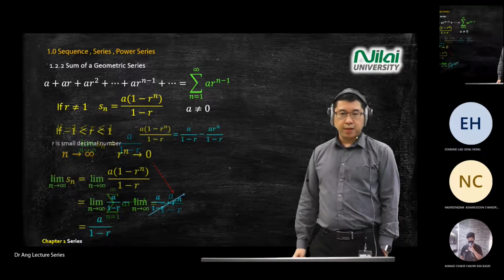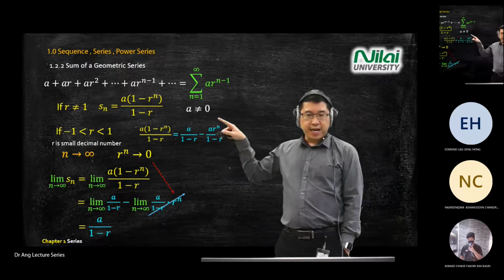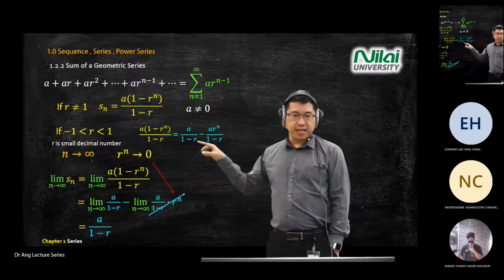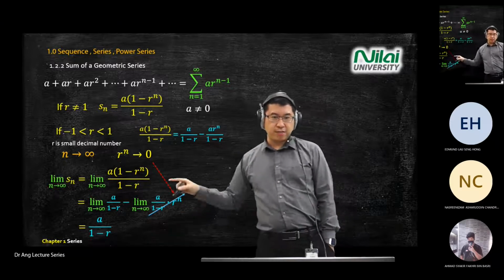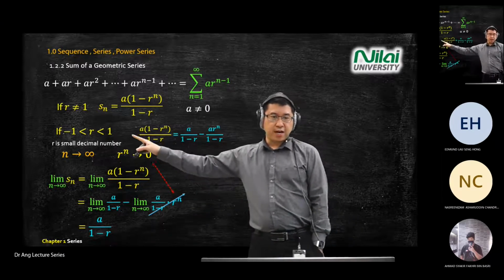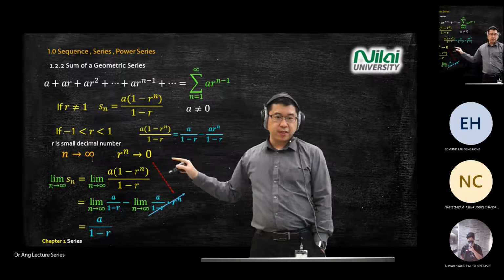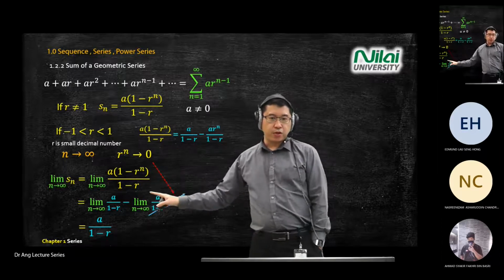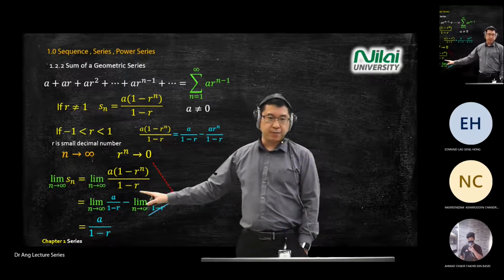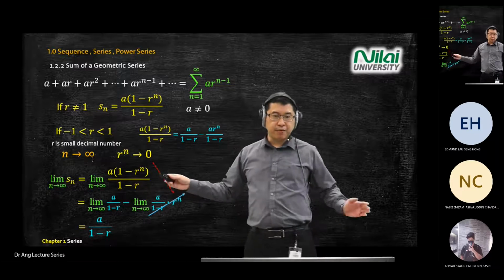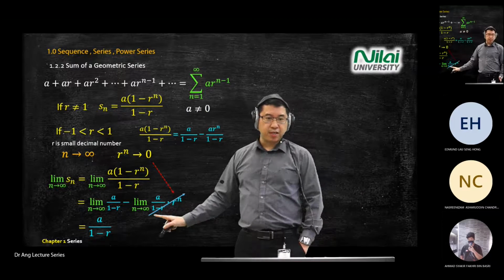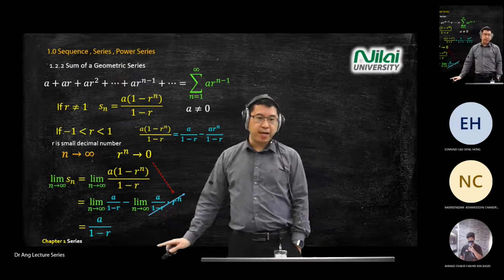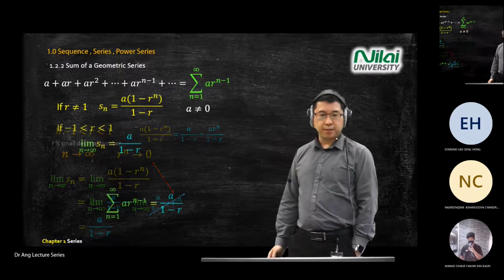All right. Now, having proved to you that from here to here, if your r is in this range, you can do the calculation using the limit for the sum of the series, meaning you combine all the numbers. For a geometric series, you can use a divided by 1 minus r.